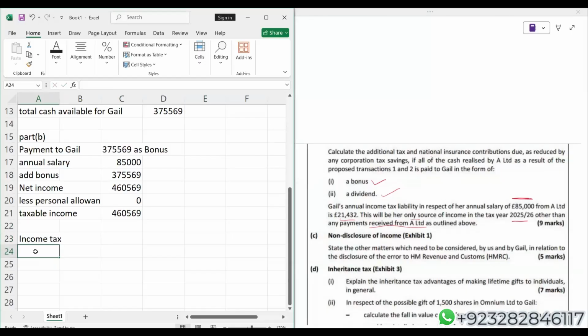Basic rate band 37,700. Applicable rate is 20%. Then the higher rate band, 1,25,140 minus 37,700.